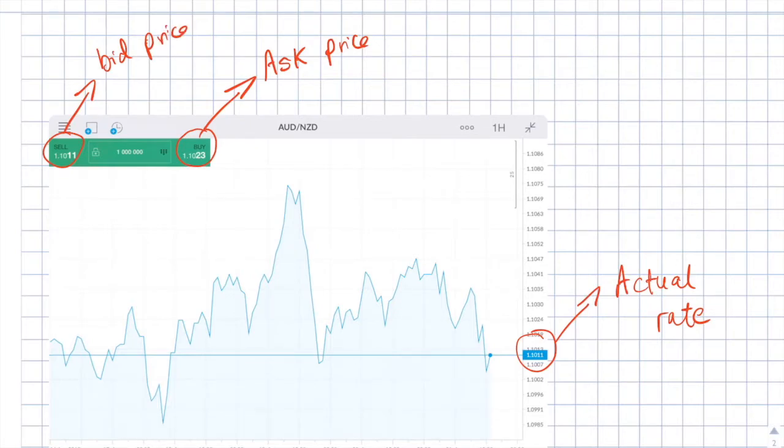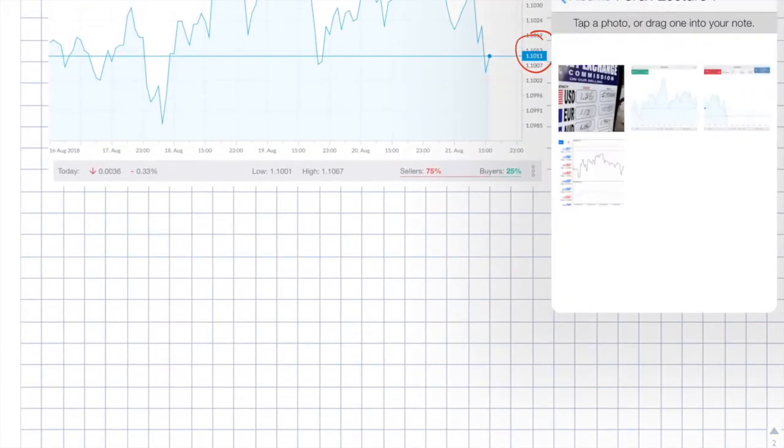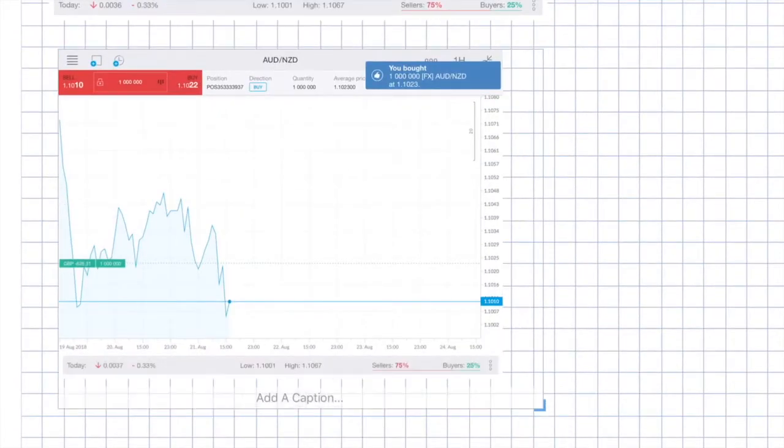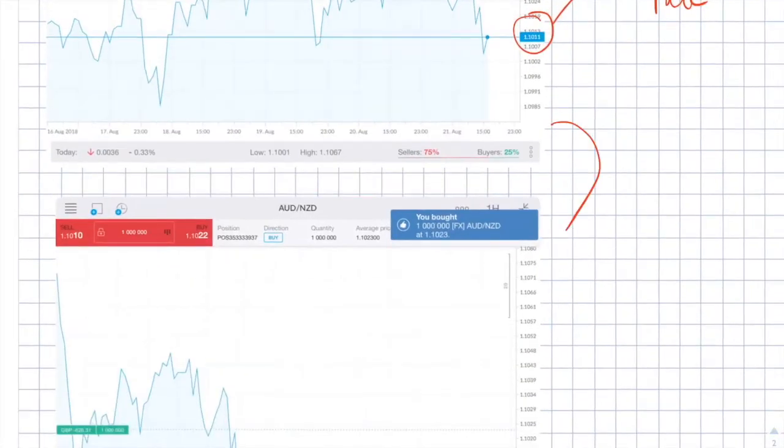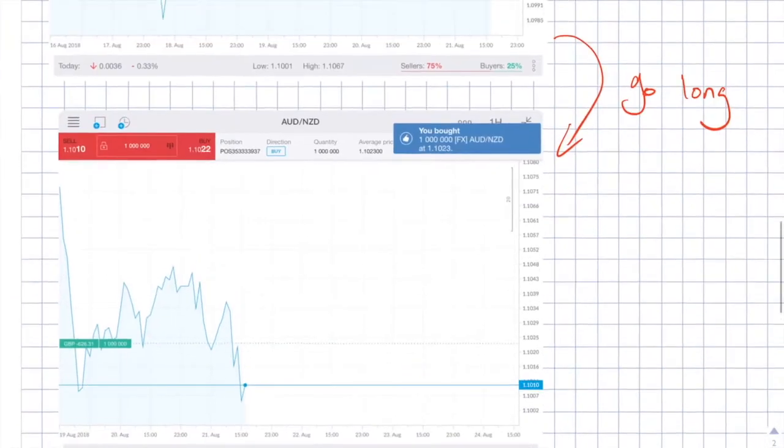So I'm going to press buy because I'm expecting it to go up, just to show you the situation I'll be in once I conduct this buying transaction. So on this graph here, I've just gone long, and as you can see, it says that you've bought, and the actual rate is here.